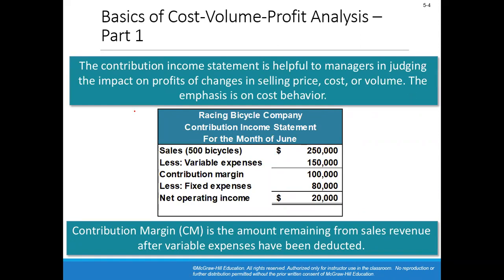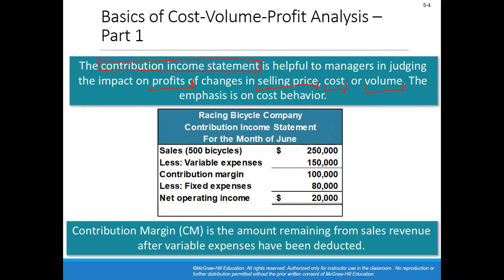So we need a contribution income statement to see what will be the changes in the profit in response to changes in selling price, in response to changes in cost, in response to changes in volume.